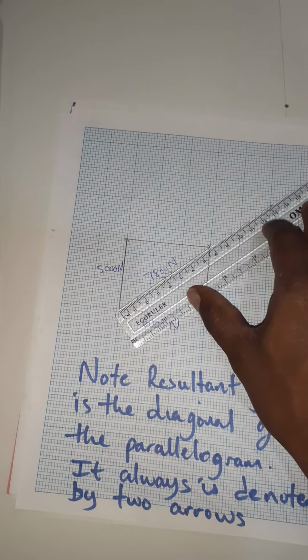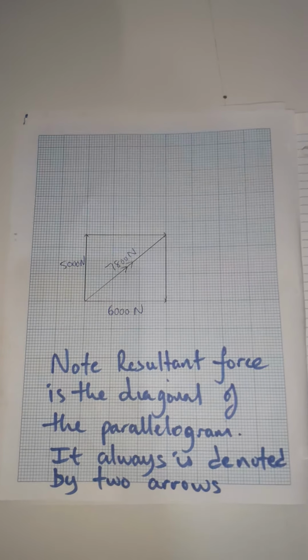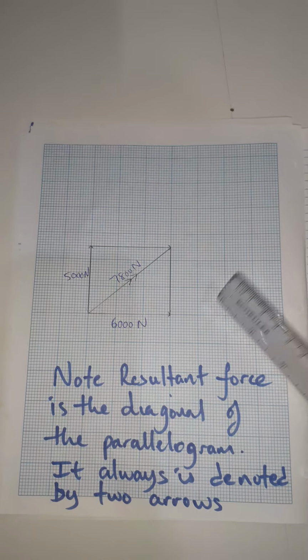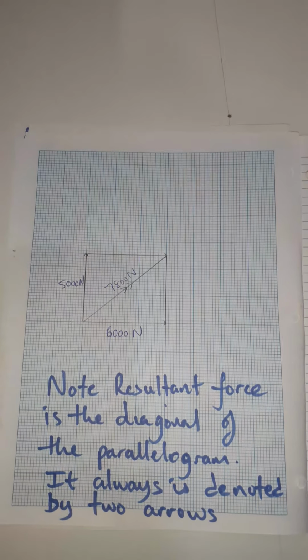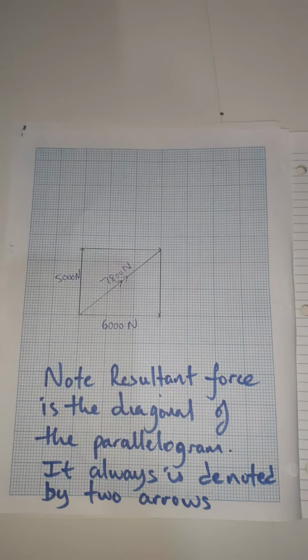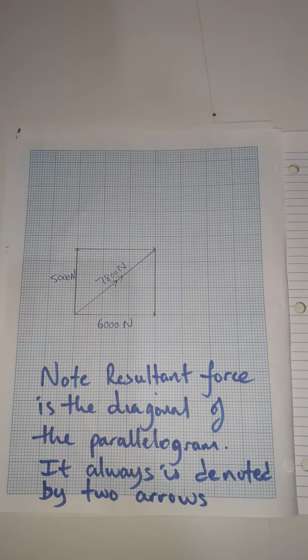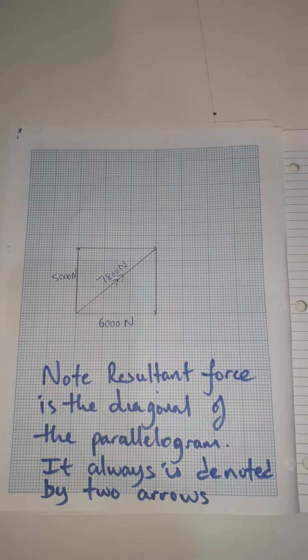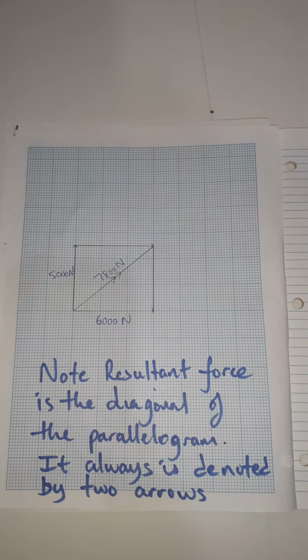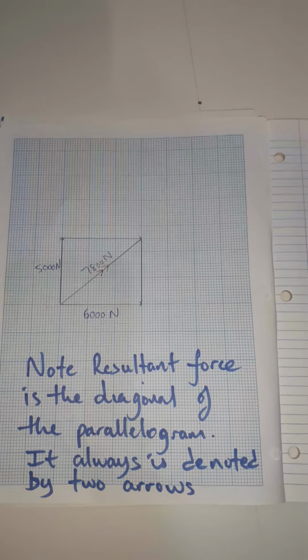I got 7.8 cm, and since the scale is 1 cm to 1,000 newtons, I multiplied 7.8 by 1,000 and got 7,800 newtons. That tells me that the two tugboats are pulling the large boat with a combined force of 7,800 newtons, or a resultant force of 7,800 newtons.